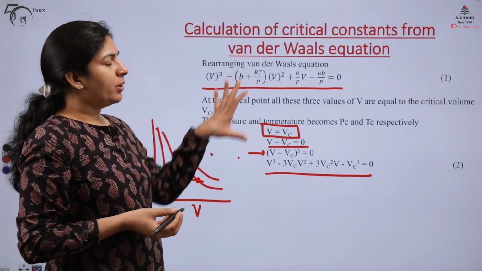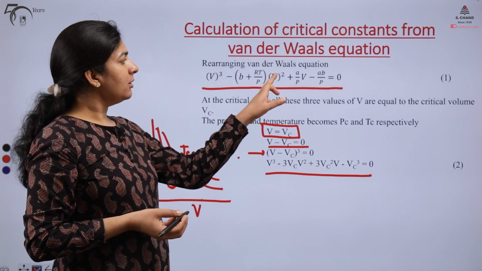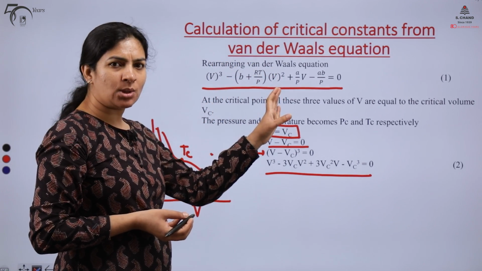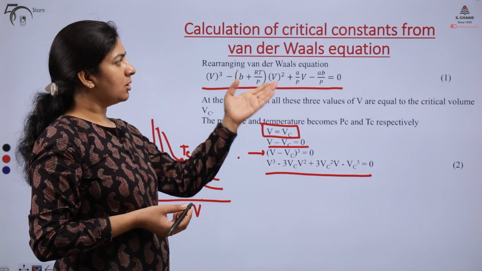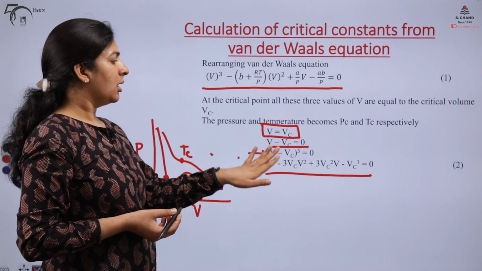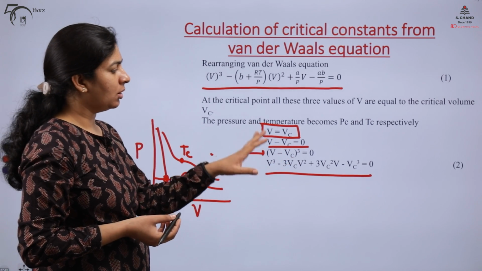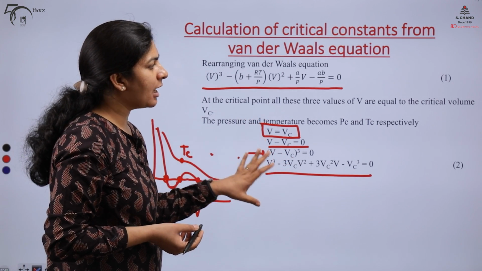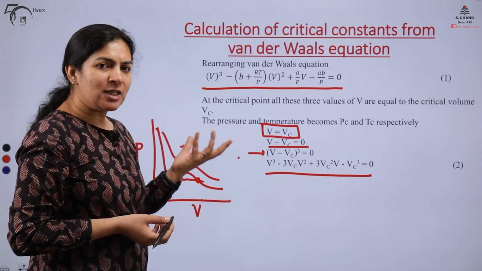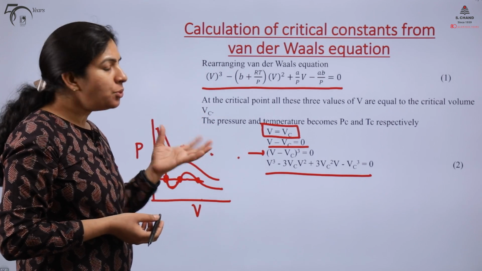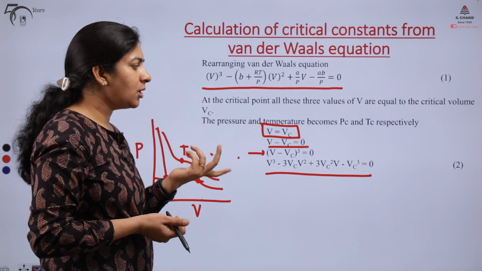So now I have 2 equations, right? One is the van der Waals equation, the other equation is a special case when we use this condition of having the same roots. Now this particular fact can be used in order to calculate the critical constants.